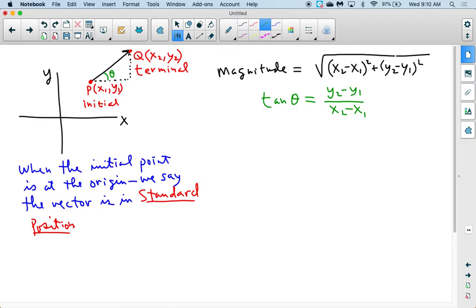We probably shouldn't solve for theta, because arctan is not a natural inverse function. So to make sure that we get the right direction, we have to understand what quadrant the ray is pointing in. We'll come back and talk more about that, but that would be the relationship between the direction of the vector and the coordinates there.